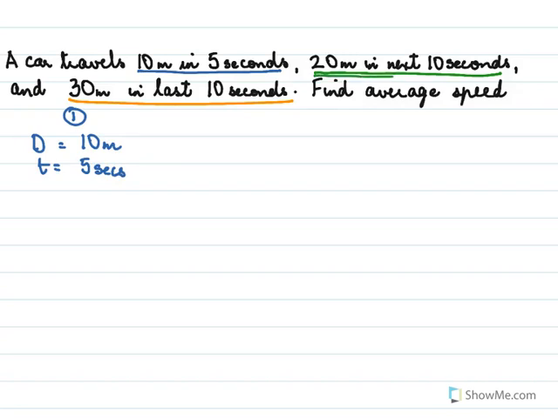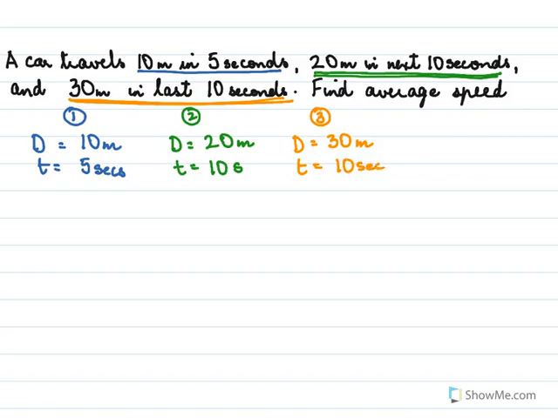Then in the second part, the distance traveled is 20 meters and the time is 10 seconds. And in the last part, the third, distance is 30 meters and time is 10 seconds.